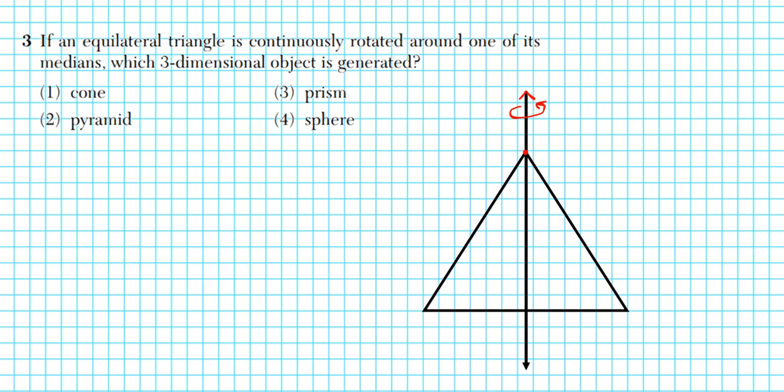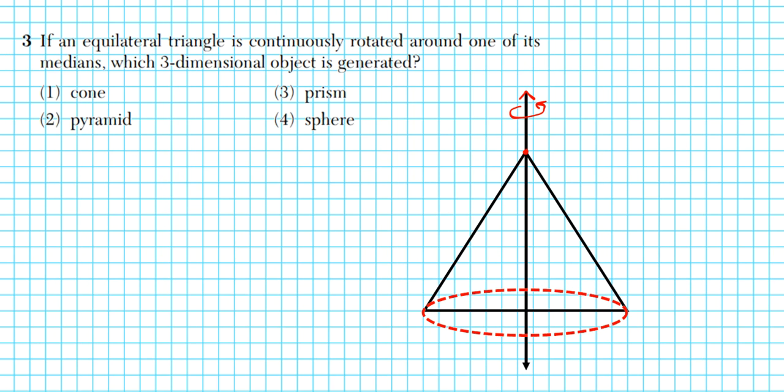This point stays fixed, but this point rotates around, and this point rotates around. So this goes in that direction, and this goes in that direction. And then if you go continuously, they're going to overlap each other and then go right back, just like that.